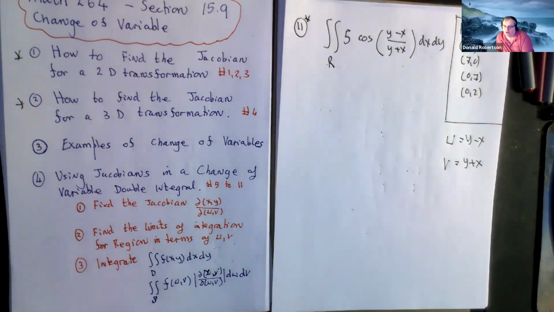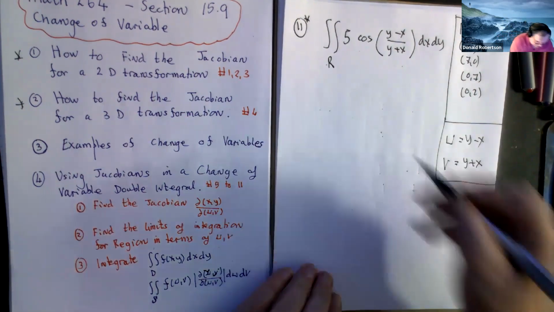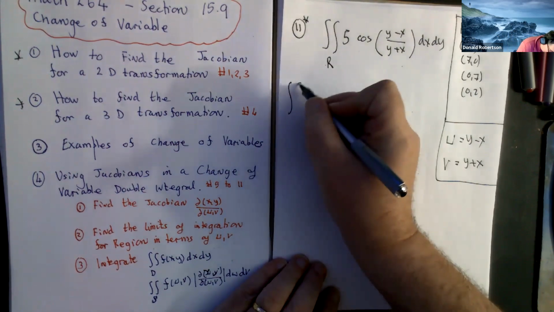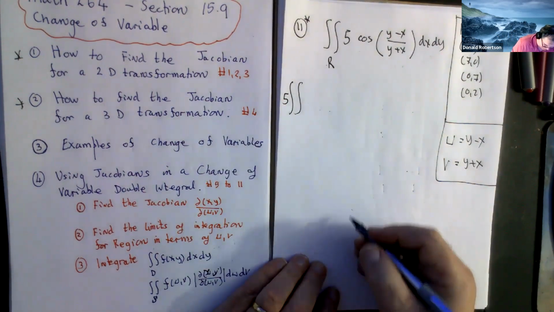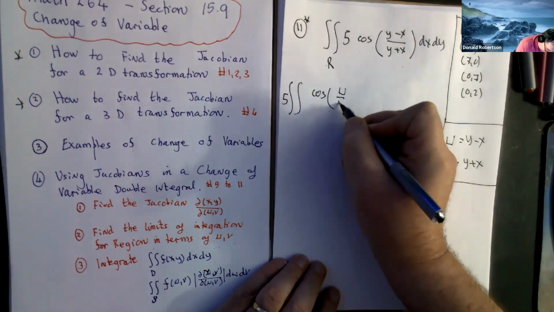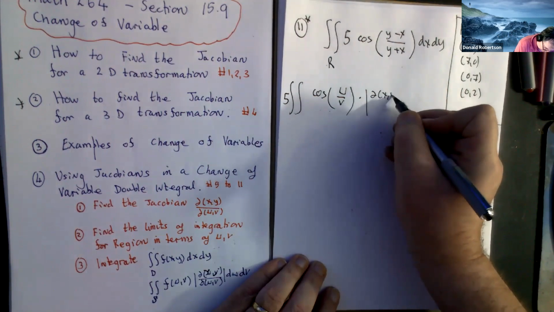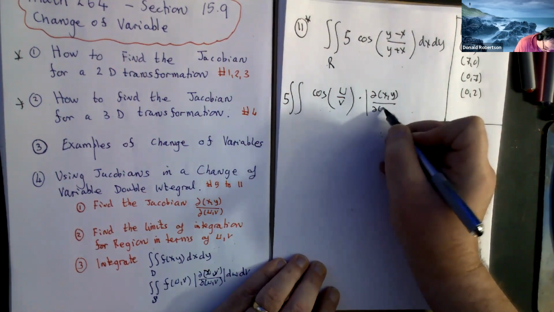Okay, that's where I'm going. Now, let's pull out the 5. It's going to be the cosine of what? U over v. I'm going to have to figure out who the Jacobian is. We haven't got around that issue yet.